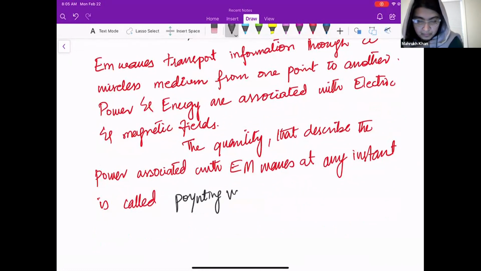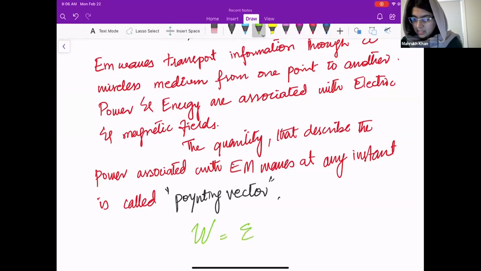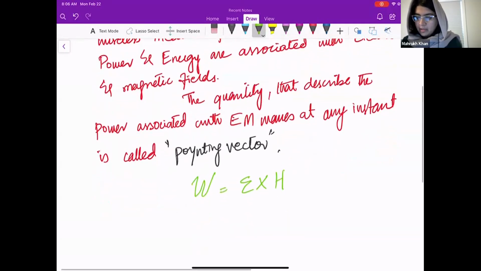So the Poynting vector is the quantity that we use to describe the transfer of energy due to electric and magnetic fields. It's an instantaneous value. When we express it, we say that W is E cross H, which is the Poynting vector and also a power density.